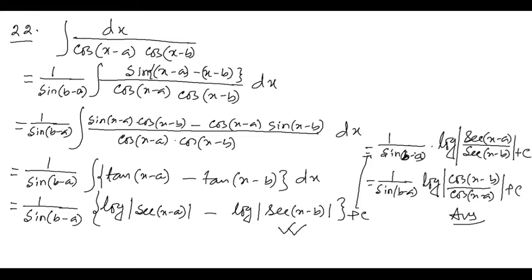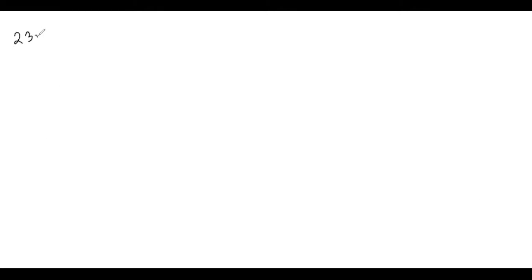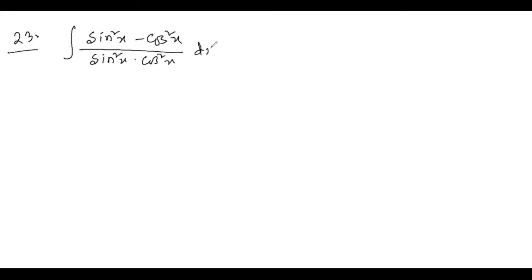Next, question number 23. This is a very easy sum. Here given is integration of sin square x minus cos square x by sin square x into cos square x dx. Just divide it, you will get 1 by cos square x minus 1 by sin square x, dx.